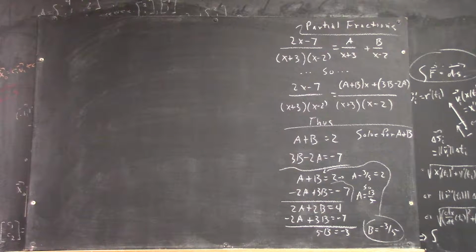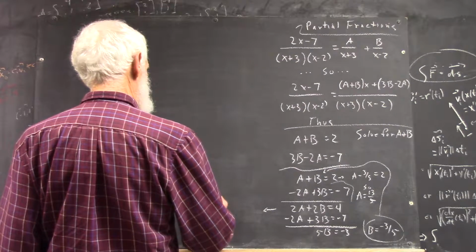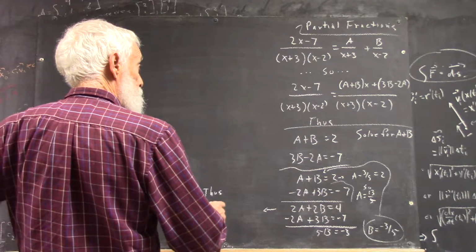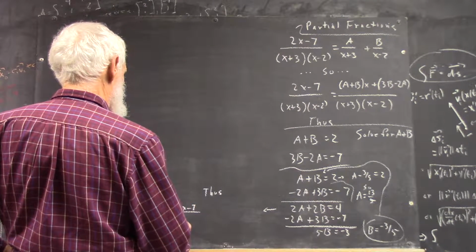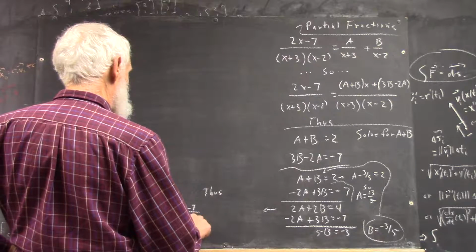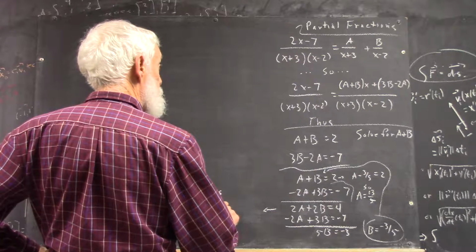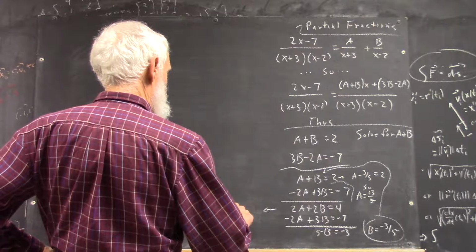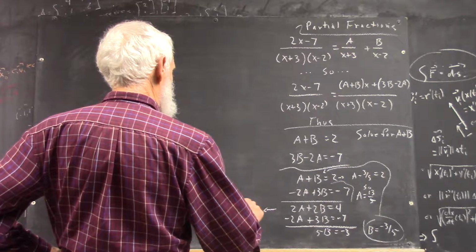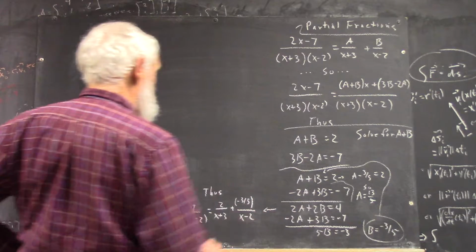It follows then, I'll say thus, just to be pretentious, 2x minus 7 over x plus 3 times x minus 2 equals 2 over x plus 3 plus negative 3/5 over x minus 2.